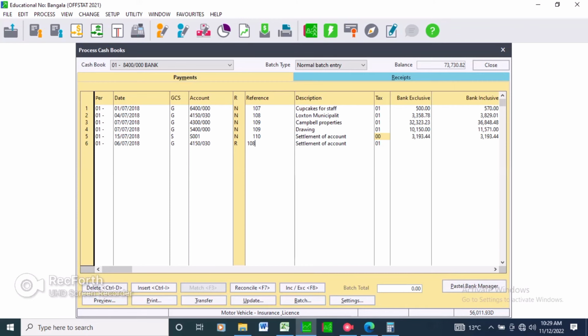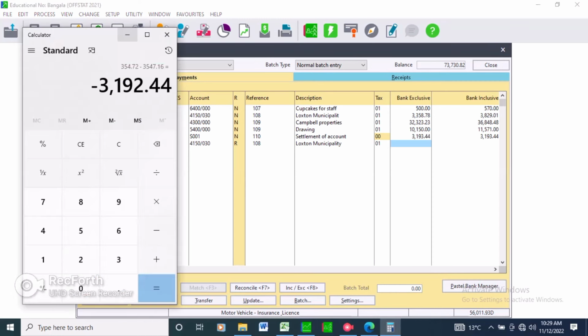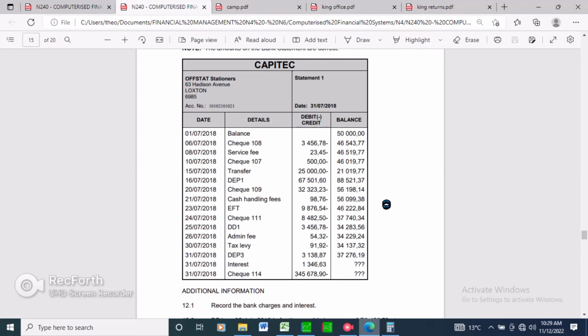Then service fee. Service fee, guys, you record the one on 8/07/2018, guys. Okay. 08. This falls under your bank charges, guys. Bank charges of what?